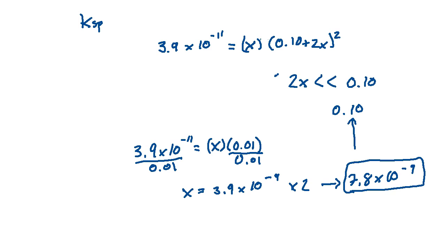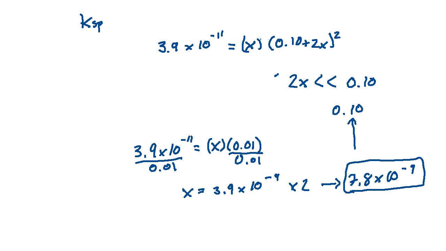If I took 0.1 and subtracted 7.8 times 10 to the minus 9th, keeping in mind there are 8 zeros in front of that 7.8, that's such a small number that it's not going to have any reasonable effect. So we're okay with making this general assumption, and we can proceed forward.